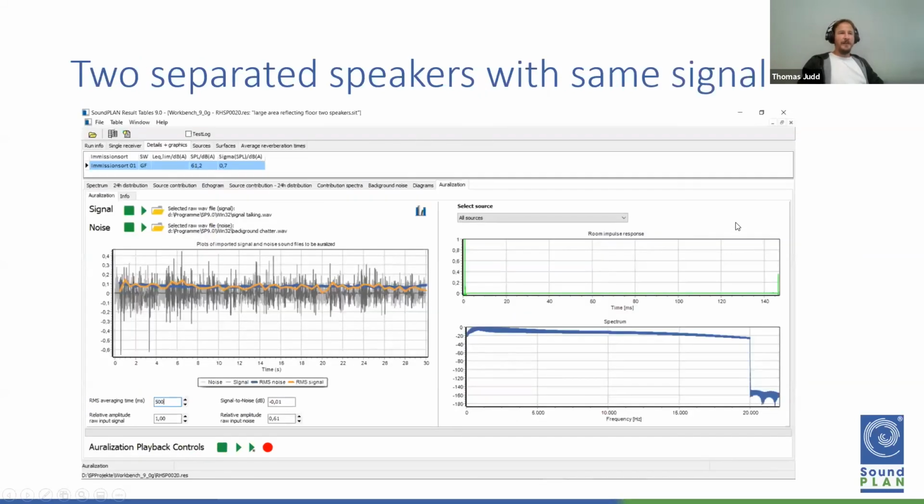And the other speciality of our auralization is these multiple speakers. Just for the sake of example, I did a quick thing with 2 separated speakers, and perhaps if your screen's large enough, you can see this in the top right plot with the green curve, room impulse response. You can see tucked away on the left a high signal.